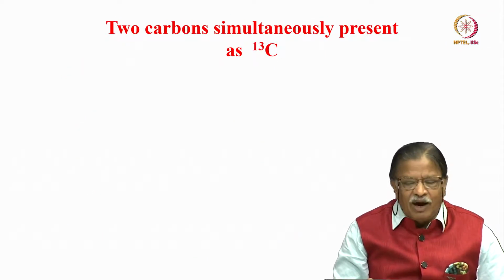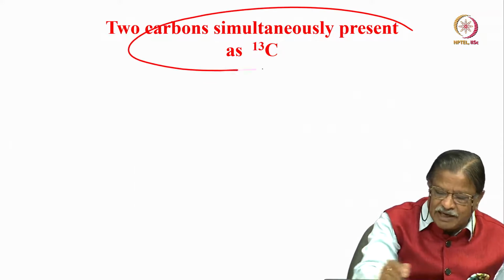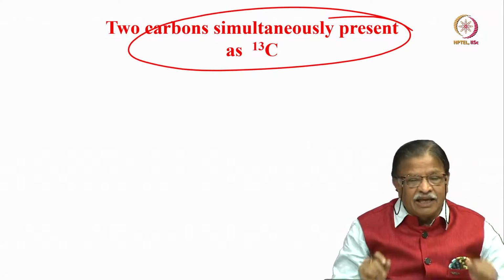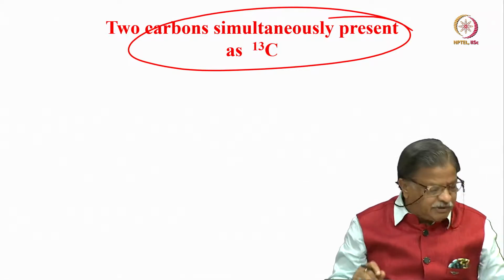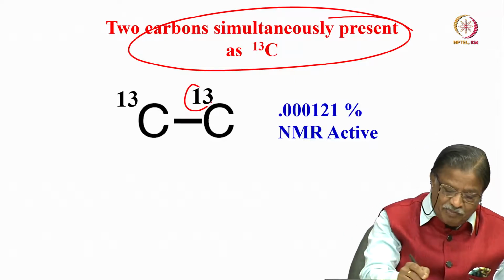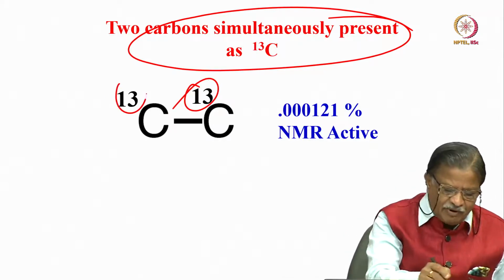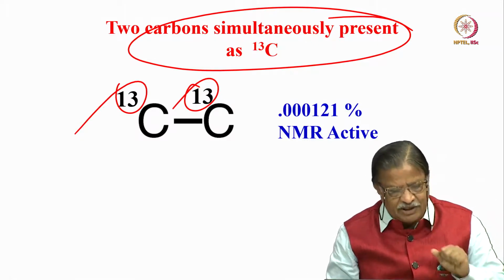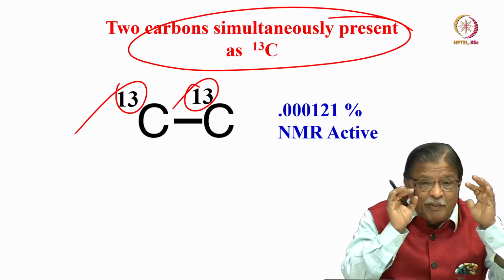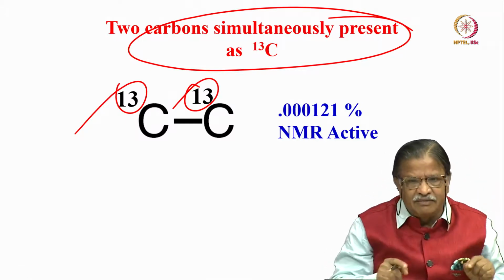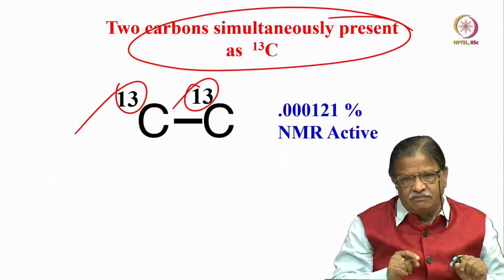So what is the possibility of 2 carbons simultaneously present as carbon 13? That's a very interesting question. Can there not be 2 carbons simultaneously in carbon 13? Of course there is a possibility. But remember 1% of this and 1.1% of this, 1 in 100 will be in this position, 1 in 100 will be in this position. The joint probability of both carbons in carbon 13 state is 1 in 10,000.